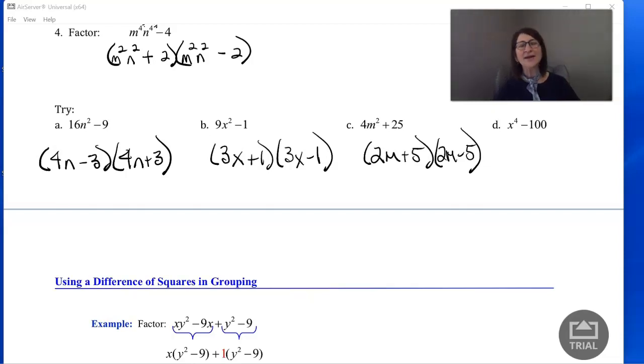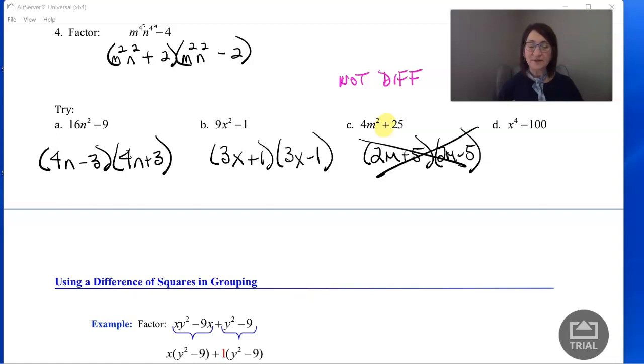Oh, I got caught up in my own craziness. That is absolutely wrong. Did you make that same mistake? Ooh, what did we do wrong? This is a plus sign. This is not the difference of two squares.